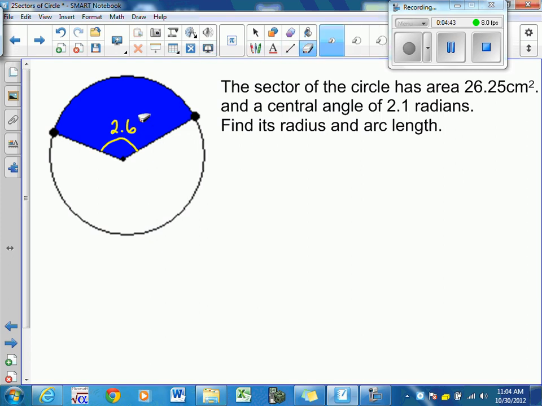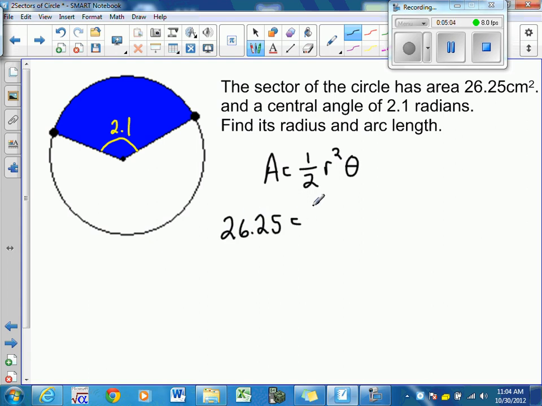So our area is 1/2 R squared theta. So this is 26.25 equals 1/2 R squared 2.1. So I'm going to multiply both sides by 2, divide by 2.1, and I get my r squared is 25, so my r is 5.